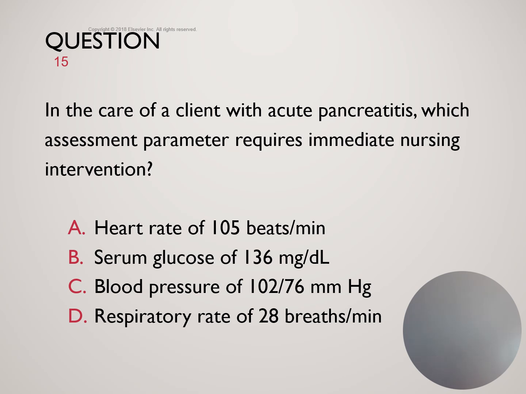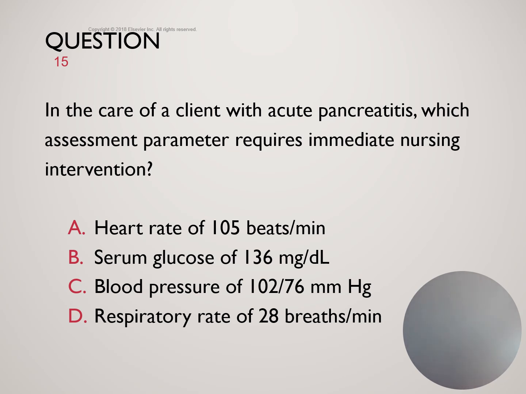First of all, priority, we look at our ABCs. So respiratory rate is going to be right there. The heart rate would be our circulation. Blood pressure would also be circulation. So respiratory will be airway and or breathing. And we know that the client with pancreatitis can develop pulmonary complications.